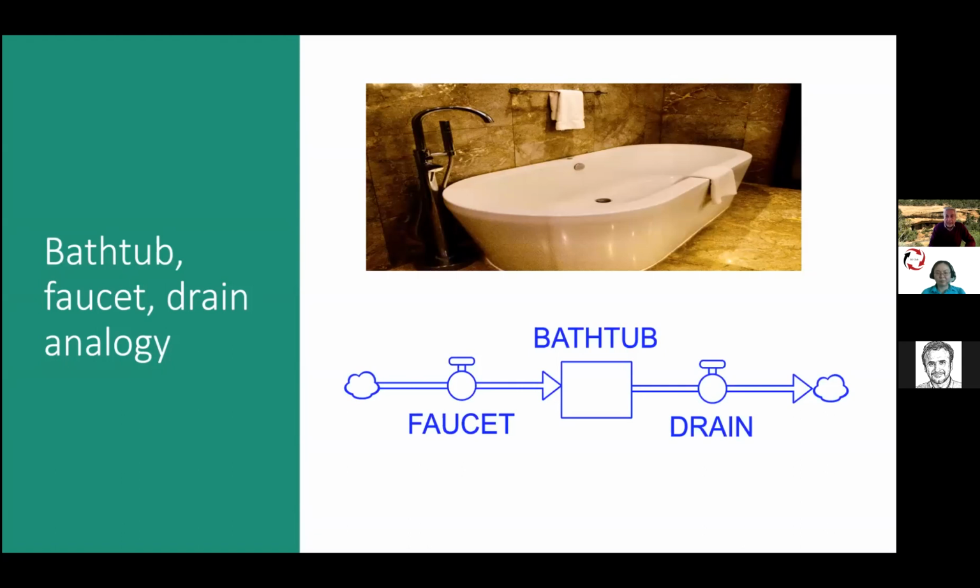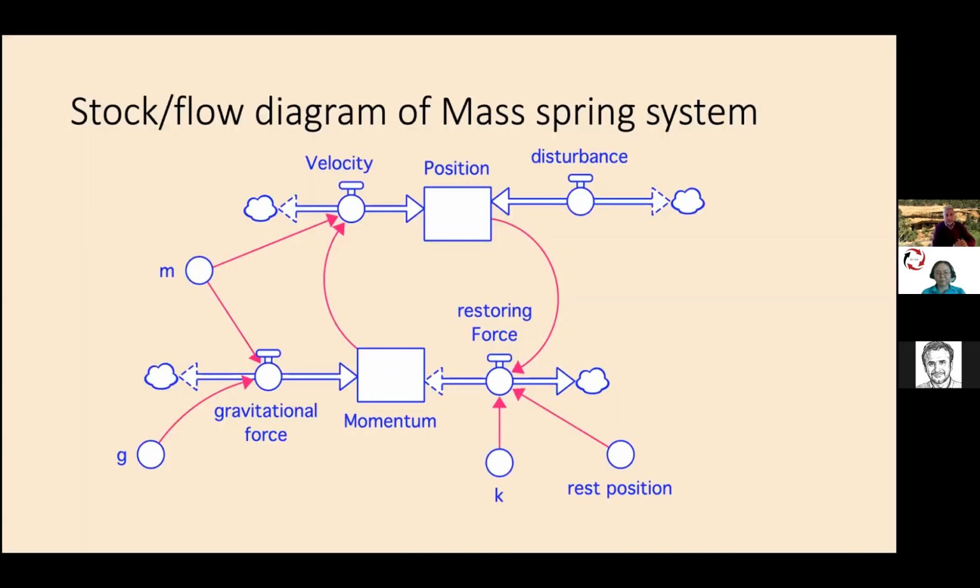And let me bring in a system dynamics map of the mass spring system that I showed you an engineering representation of. This is the system dynamics representation. So there is the position which is tracked in this stock.